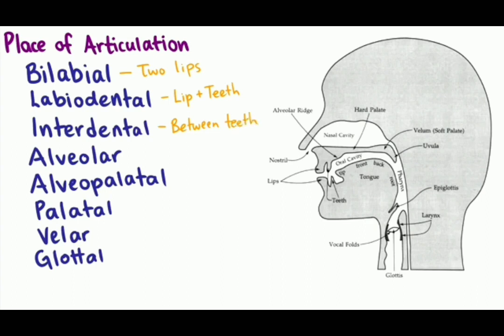So when I talk about the word thought, that's interdental. Alveolar talks about something called the alveolar ridge, and I'm going to circle this on the diagram in red. So this is a little hard bump right behind your teeth.